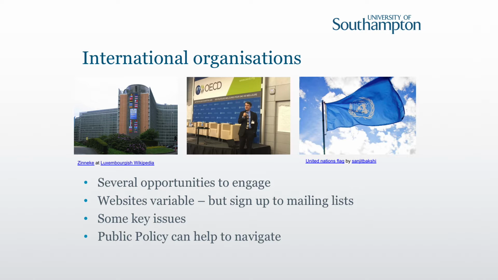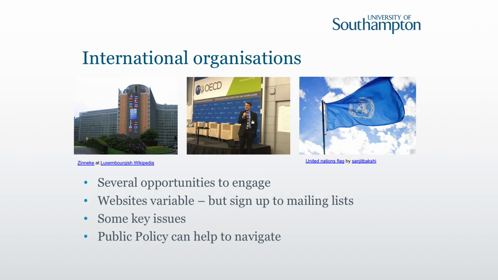And again, there are many different mailing lists that you can sign up to find out what's going on. Some of these organisations are relatively easy to engage. Some of them are a little bit more complicated. We're certainly happy in public policy to have a chat through with you about the ones that we know about.